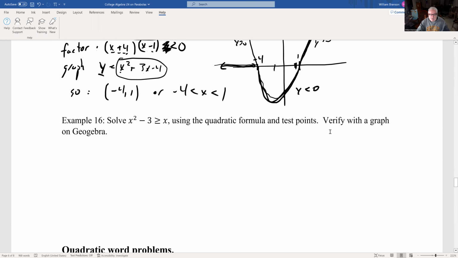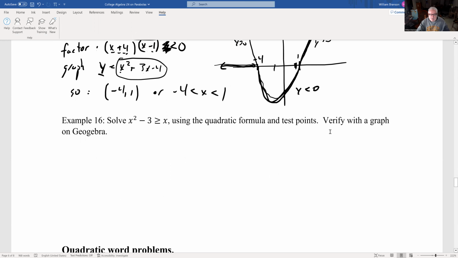So if I think about the x-axis, I've got 1/2 minus square root of 13 over 2, and I've got 1/2 plus square root of 13 over 2. And what we know about parabolas is that these are the x-intercepts, right?